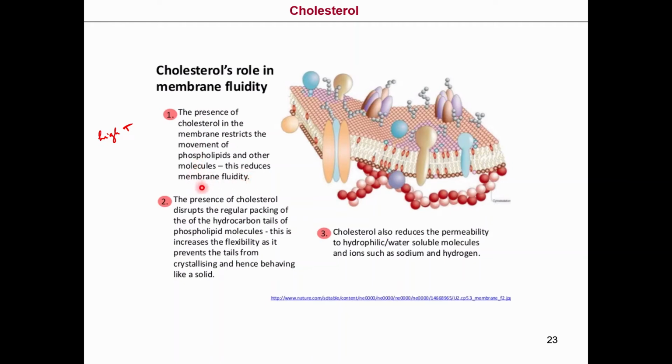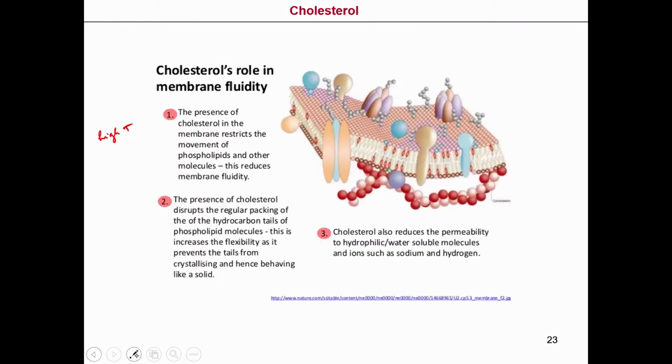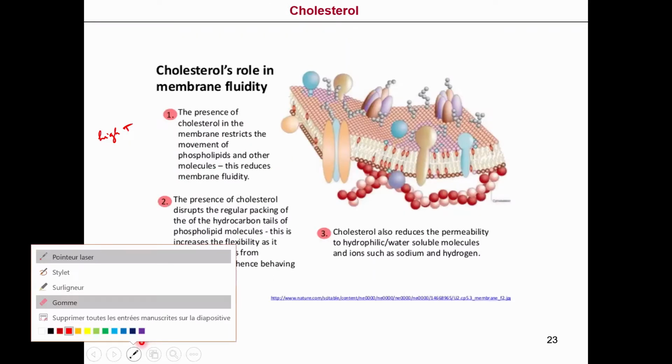This reduces the membrane fluidity because the cholesterol is something rigid because of the fused rings. Okay, so the structure of the cholesterol is very rigid. So when you have a lot of cholesterol, because it's rigid, the phospholipids cannot move, and it reduces the membrane fluidity.